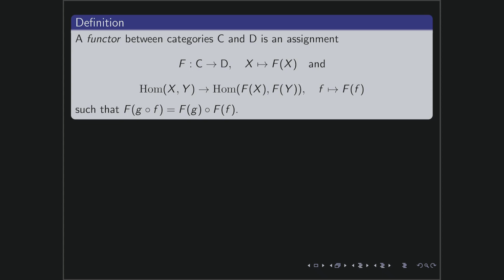For example, if I have a ring homomorphism here from R to S, I also have to say where this homomorphism is going to. Technically, this would be a homomorphism which goes from GL2(R) to GL2(S). And what basically happens is if I have a matrix here, I just send it to the matrix with the image components.